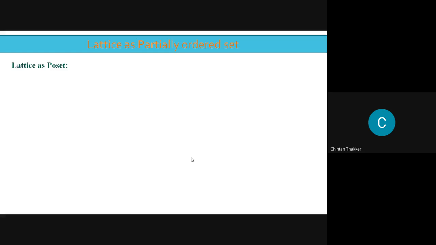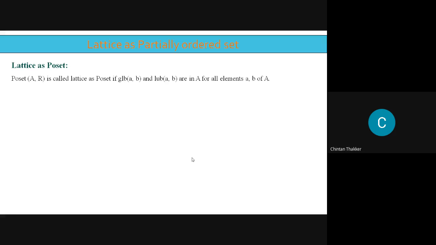Okay. So the definition of lattice as poset is: if we have the poset A comma R, it is called a lattice as a poset if the GLB and LUB of any two elements in A also belong to A. It means the GLB and LUB of all elements of the set A belong to the set A. Then it is called a lattice as poset.